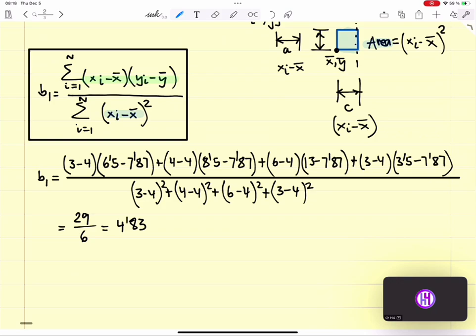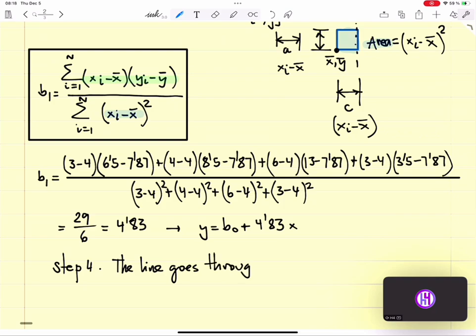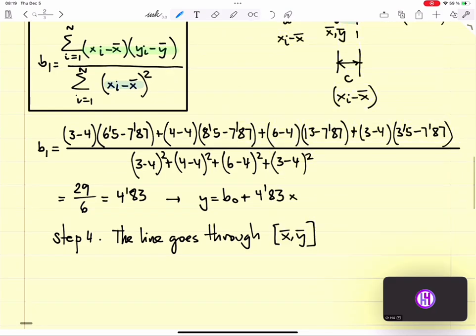Okay, so at this point we know our equation looks something like this: b0 plus 4.83x. But we know, step 4, that the line goes through the x, y mean value.